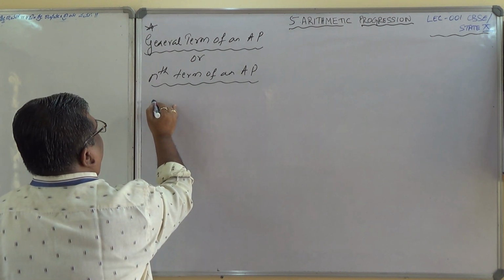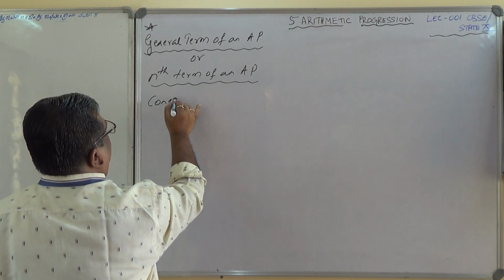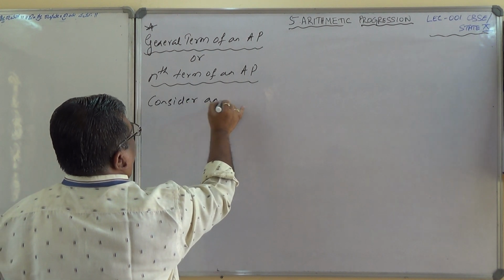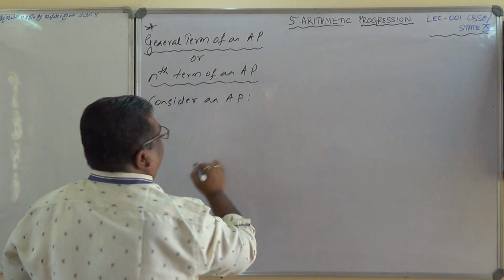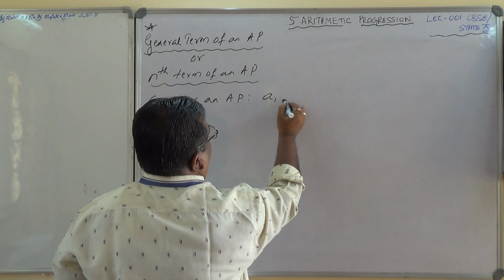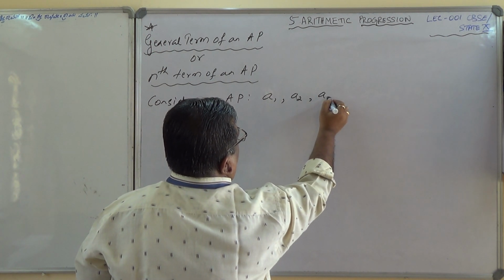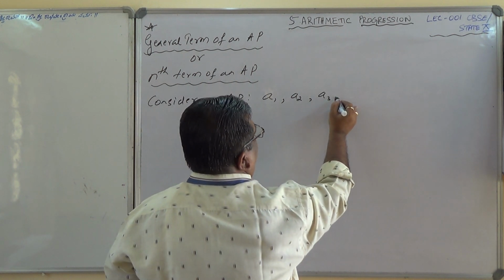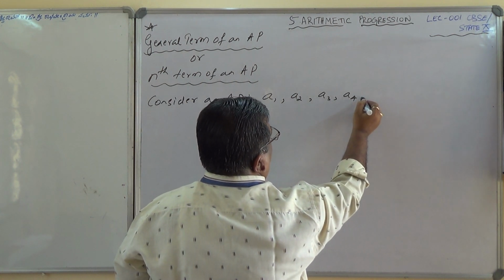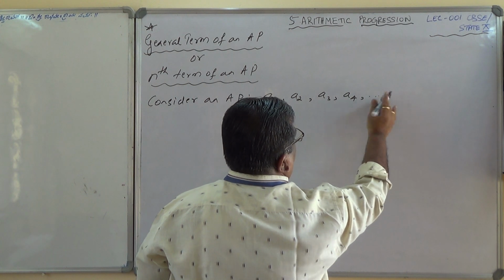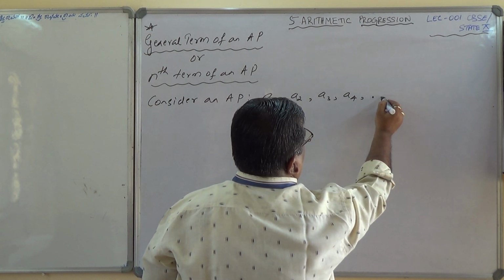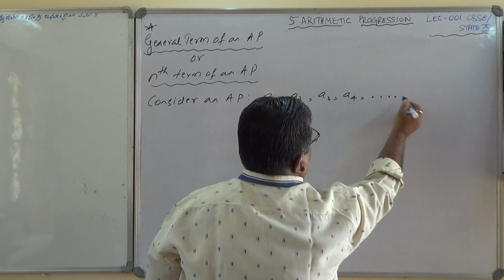Consider an AP: A1, A2, A3, A4, dot dot dot. This is the list of numbers. It continues.